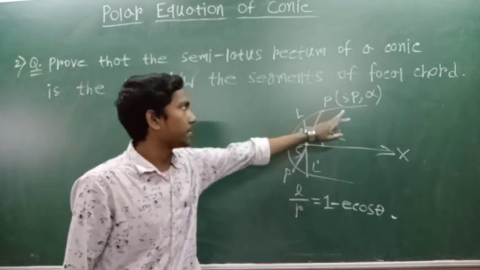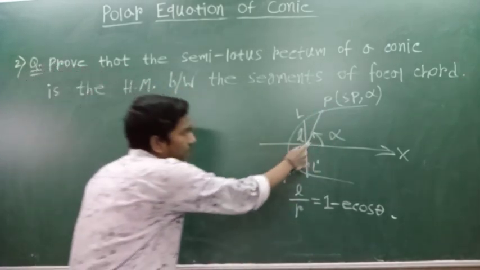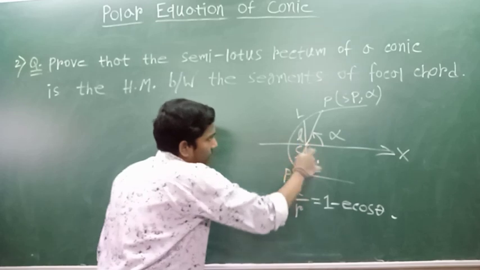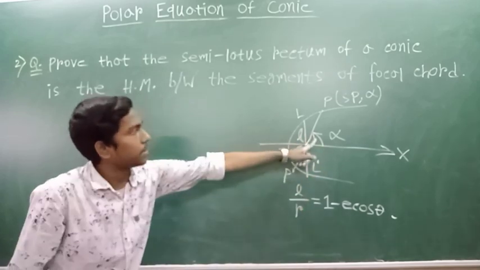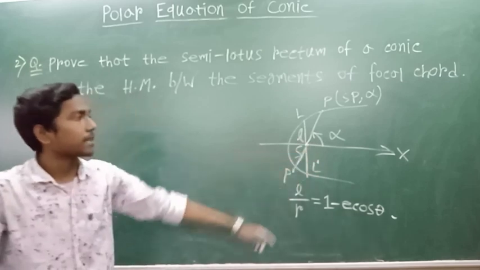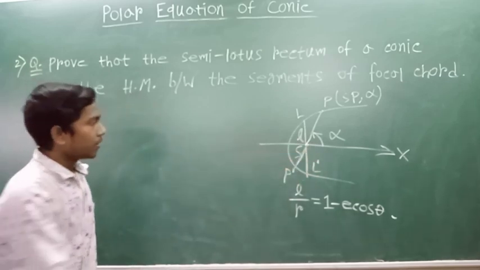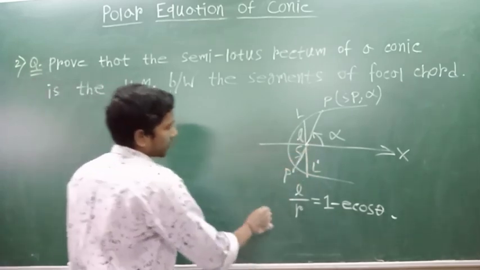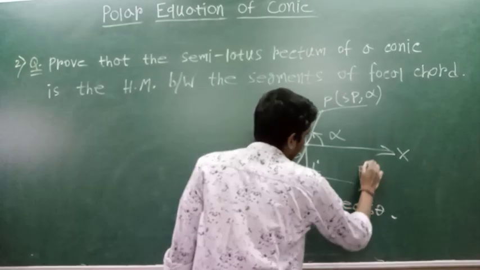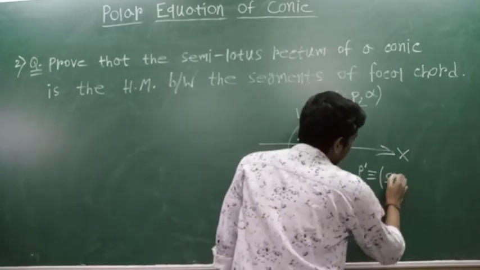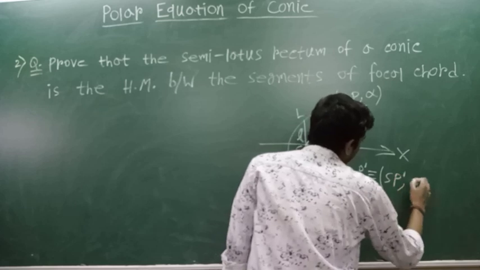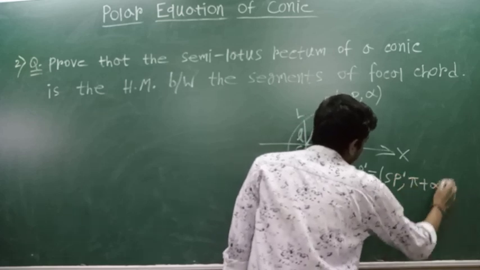Now if this angle is alpha, this entire obtuse angle is alpha plus pi. So the coordinate of P dash is SP dash comma pi plus alpha.